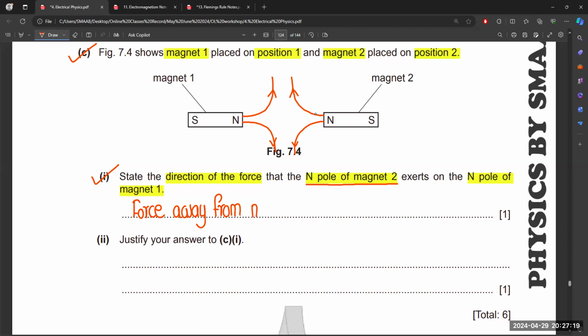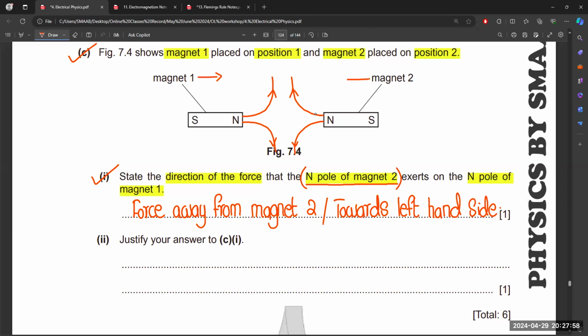Force away from magnet 2, or you can write towards left hand side, because the repulsive force exerted by the north pole of magnet 2 will be towards the left hand side, and from magnet 1 it will be towards the right hand side, like this. So they are asking about this position.